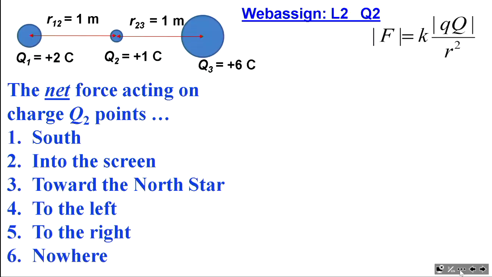And naturally, in physics, the strategy begins from drawing a picture which represents what's happening. And when we read this word force, that immediately tells us we have to draw a free body diagram.